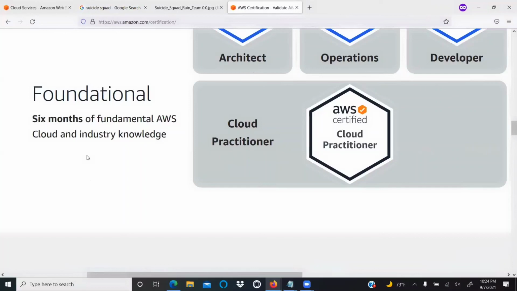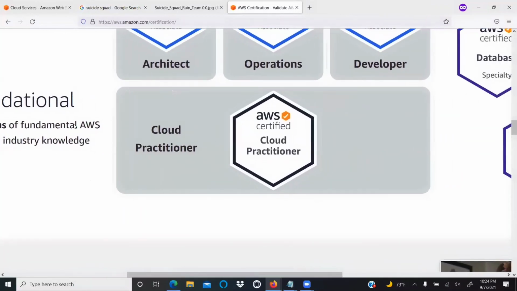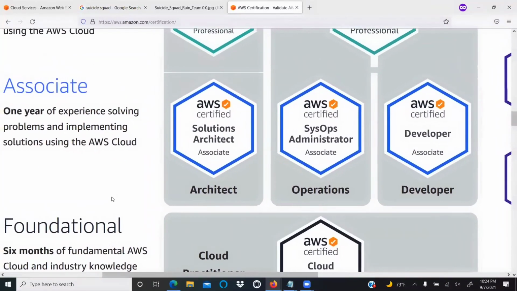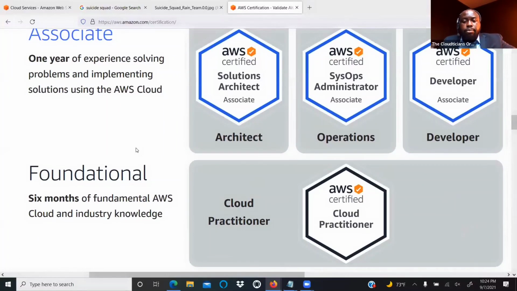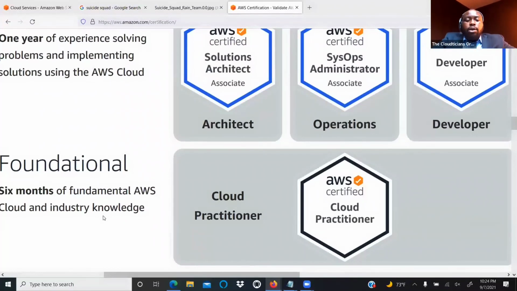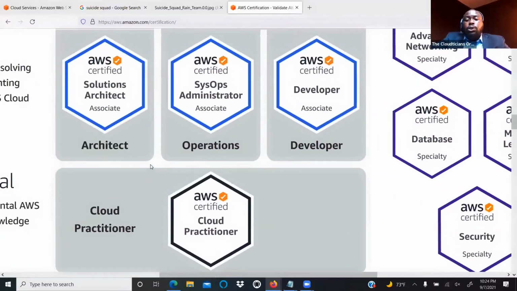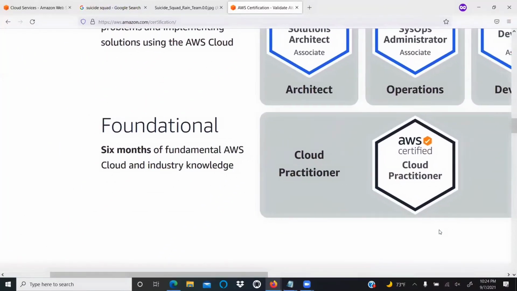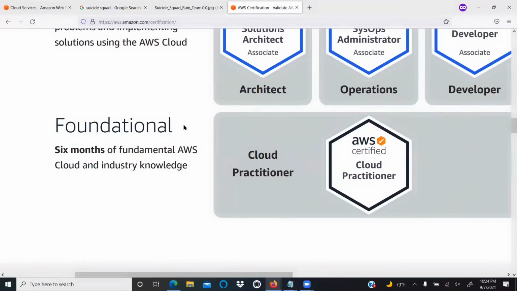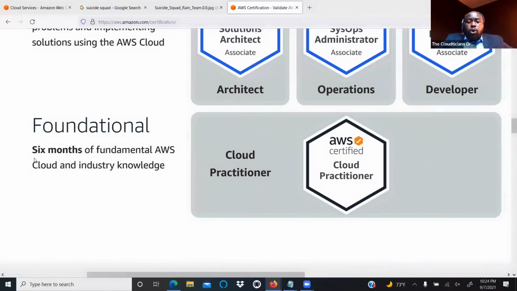So this course is geared towards which of these certifications? All of them. So everything you start, it's like we're taking the foundation now to understand. The foundation is more important than the specialization. This foundation is the most important because everything will be built on it.